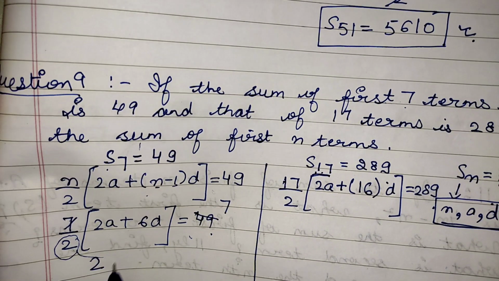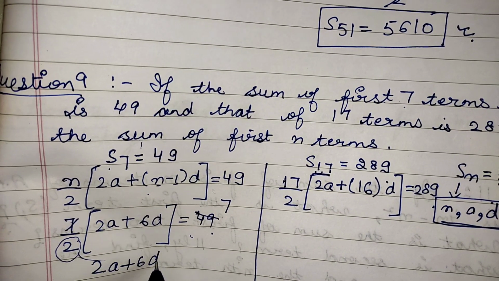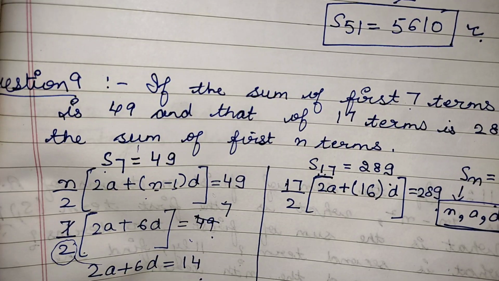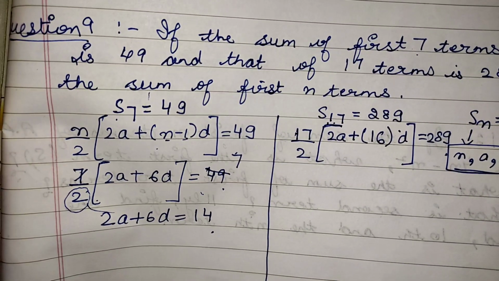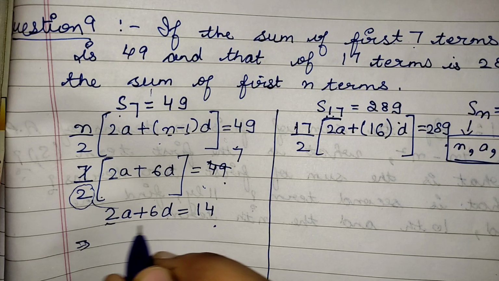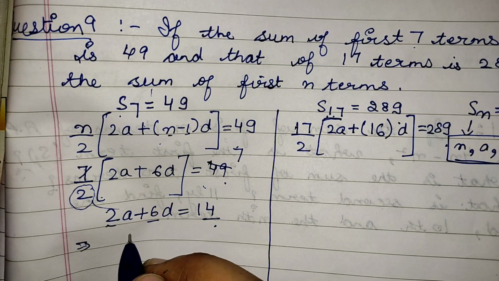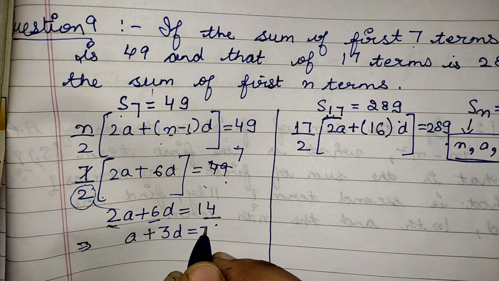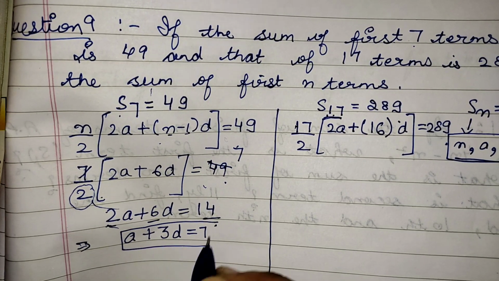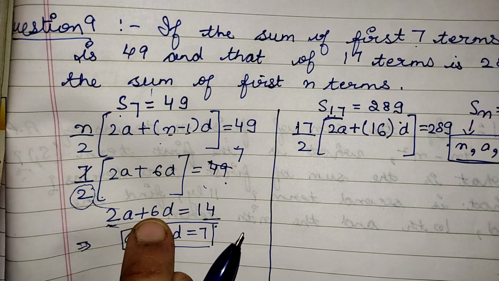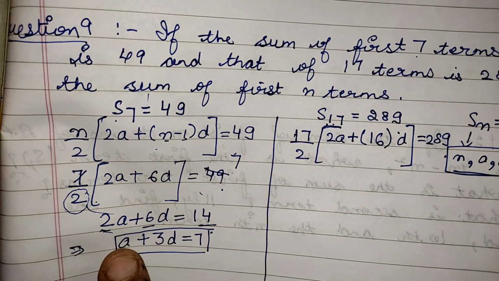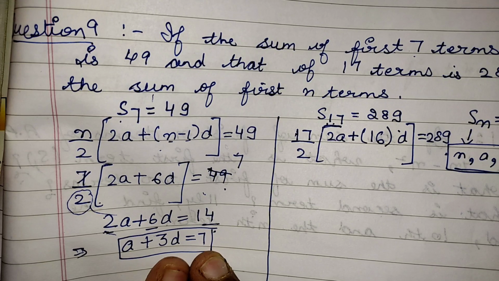So I will get 2a plus 6d is equal to 7 into 2, which is 14. Let's divide the complete equation by 2 so that it becomes simpler. It will be a plus 3d is equal to 7. I have divided each and every term by 2, and I am getting a plus 3d is equal to 7.